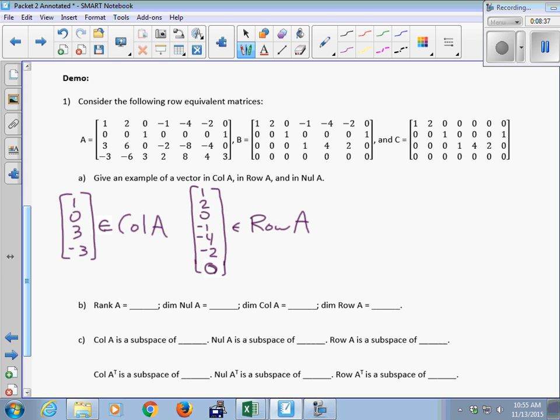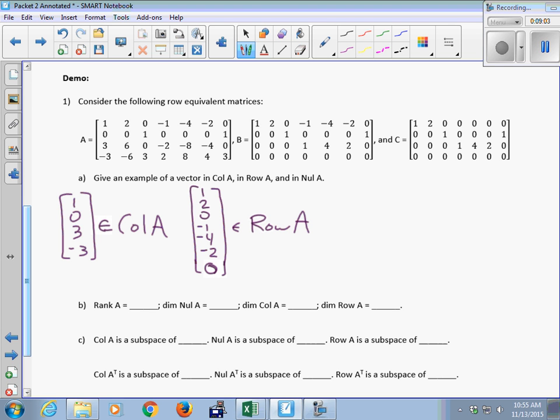All right, and a vector in the null space of A. Remember, the null space is the set of all vectors that get mapped to the 0 vector, or the set of all solutions to Ax equals 0. Nice.